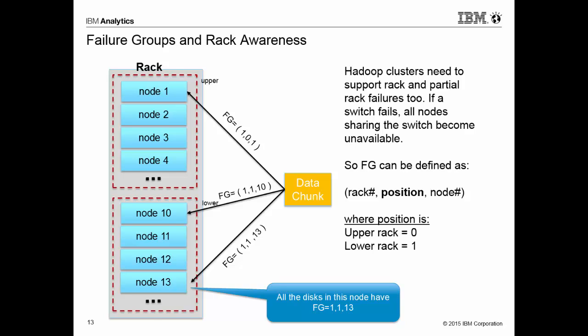So what we've done is we've taken the failure group concept of a single number and extended it for Hadoop. So failure group now can be a 3-part number as well, where the first number indicates the rack number, the second number represents position, upper or lower rack, and the third number represents a node number.